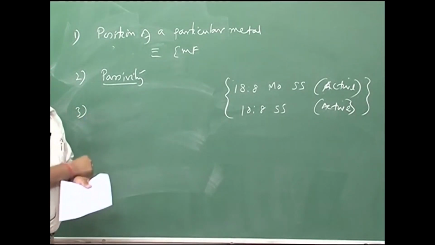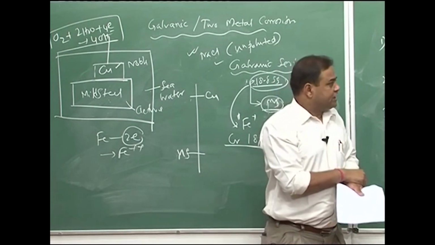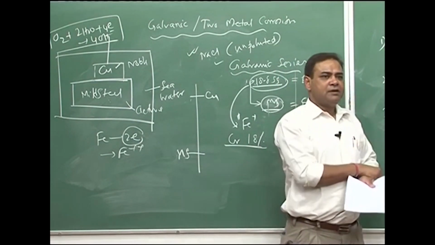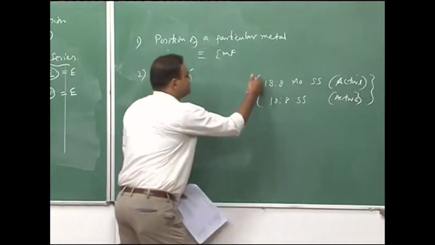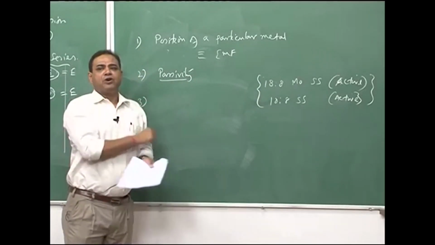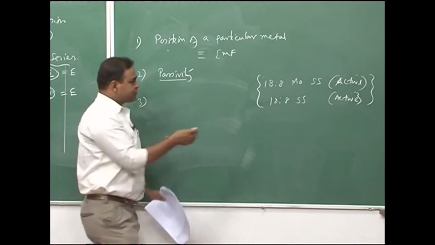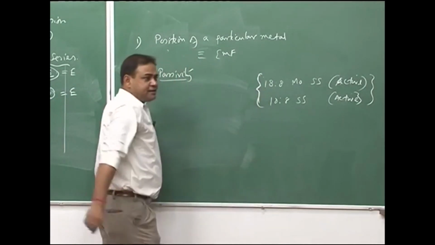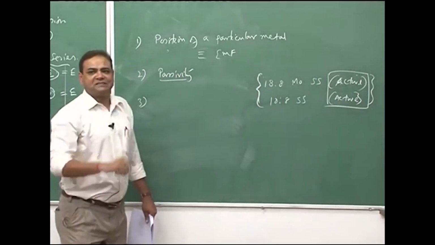If we combine them, there would be very little potential difference between the couple, so the situation will not be galvanic in nature; there could be uniform corrosion over the two different metal surfaces. That is what the bracket and active mean: they have not gone into the passive state.